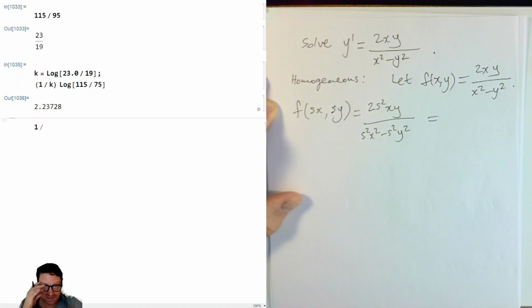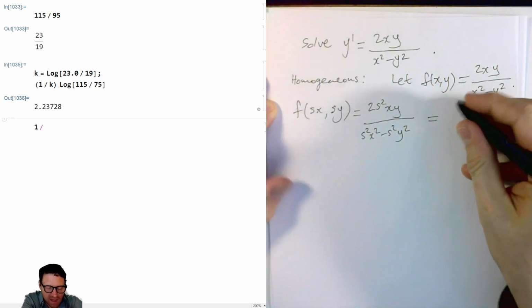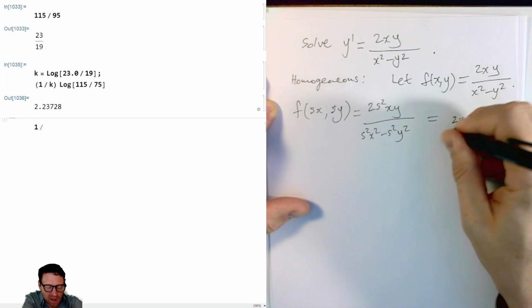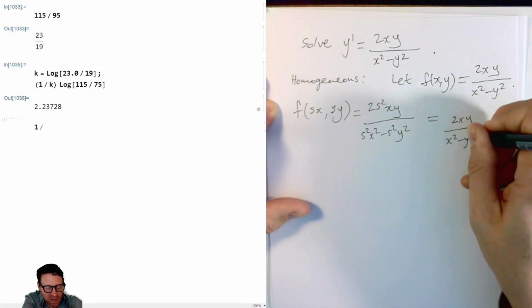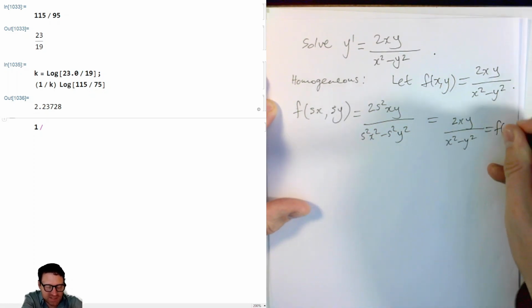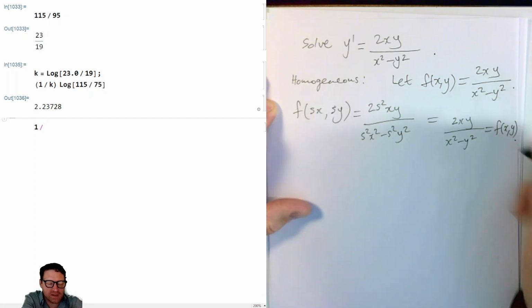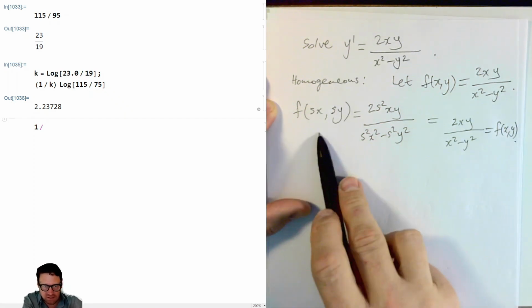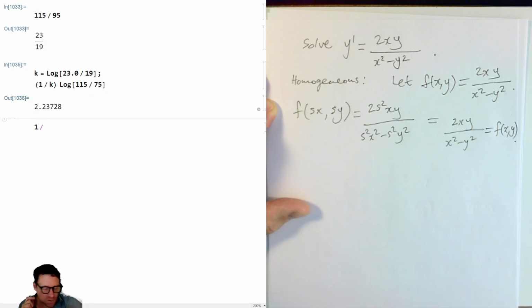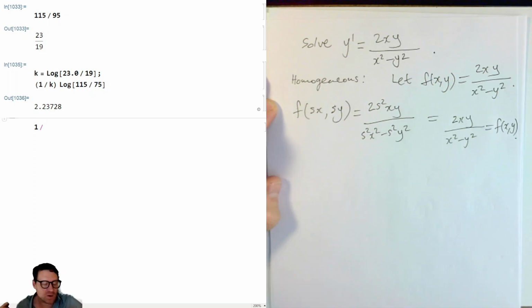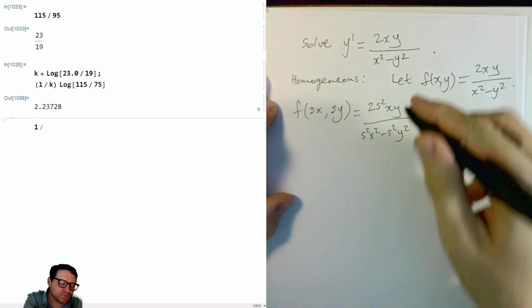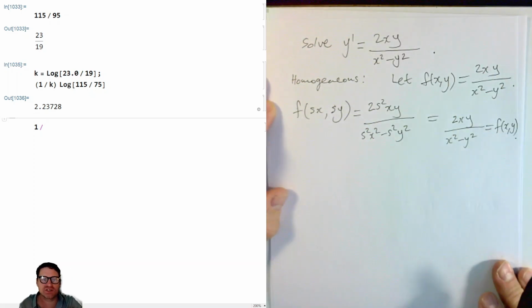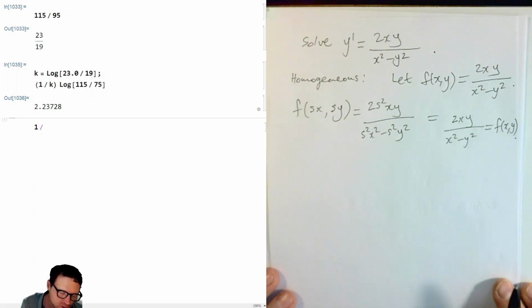And now if s is non-zero, we can cancel that, and we get 2xy over x squared minus y squared, which is the same as f of xy. So this fact means, since the two of these are equal for non-zero s, that the right-hand side function is homogeneous, and hence the differential equation is homogeneous.